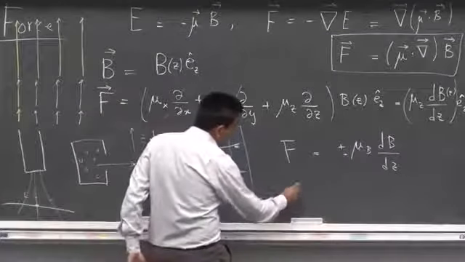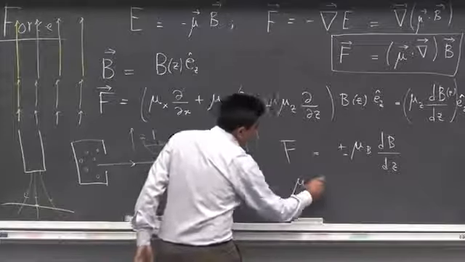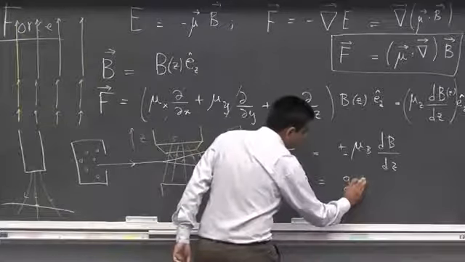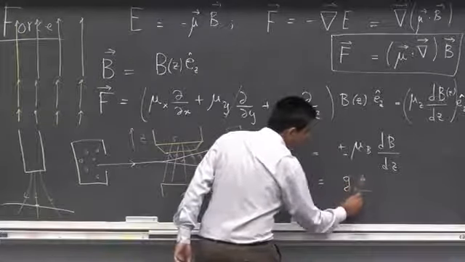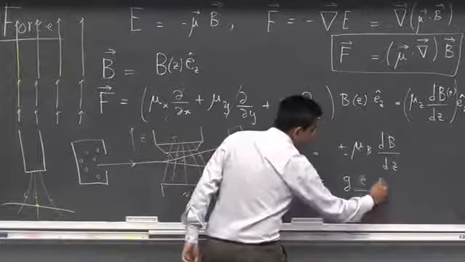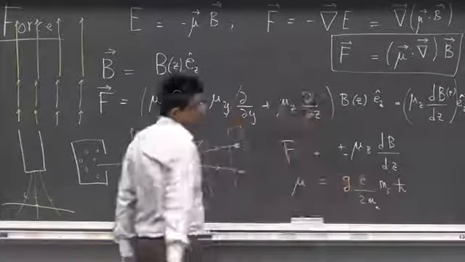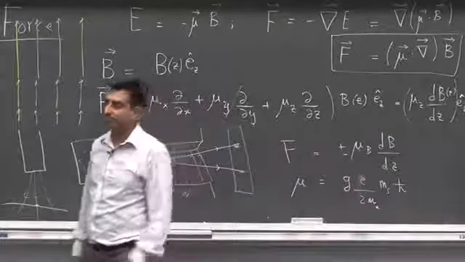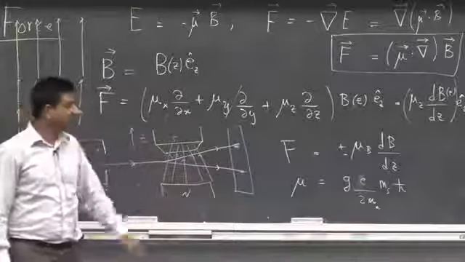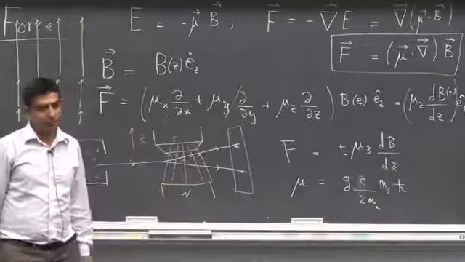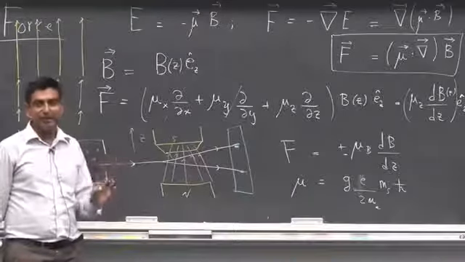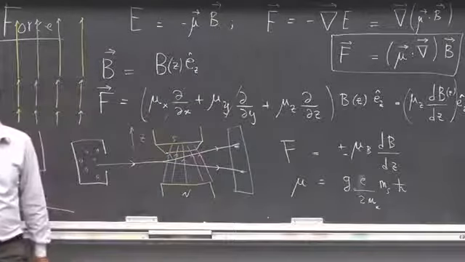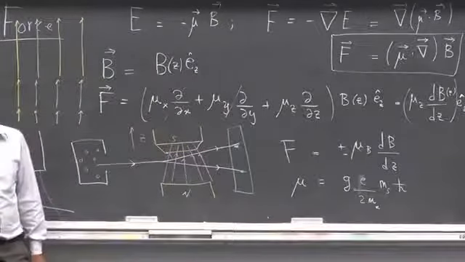Any magnetic moment we all know is given by g e over 2m times ms h bar, right? So if you could find mu, you could find ms. Ms turned out to be plus half or minus half. So electrons are spin half particles. Everything else is a constant here. So you measure spin's quantization indirectly by the forces on the spins, and for that you need inhomogeneous magnetic fields.